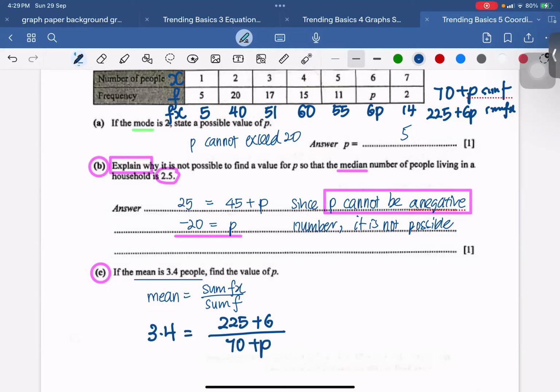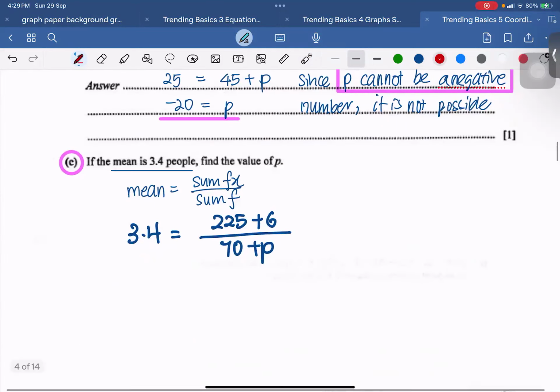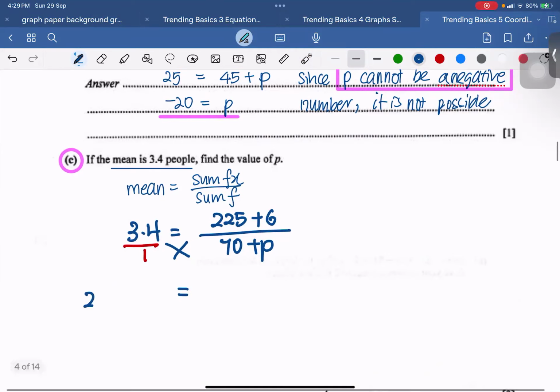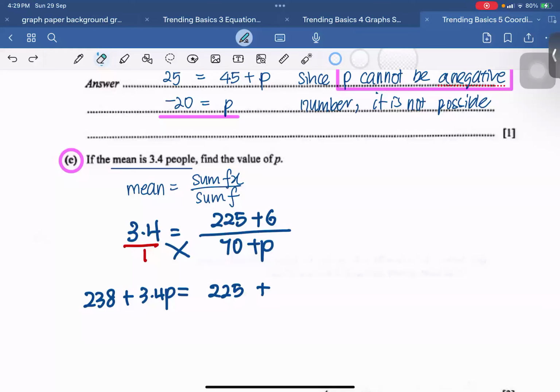Okay? Then I believe this one y'all can try to do. I need to do it slowly to make sure it's correct. So cross multiply. This 225 plus 6p. Oh, my p disappeared. Also, sorry. Okay.